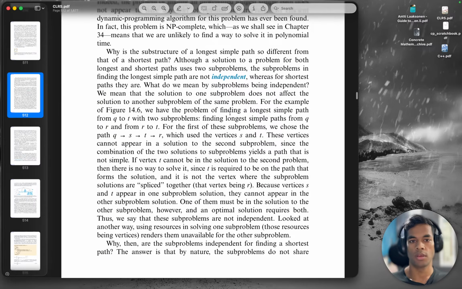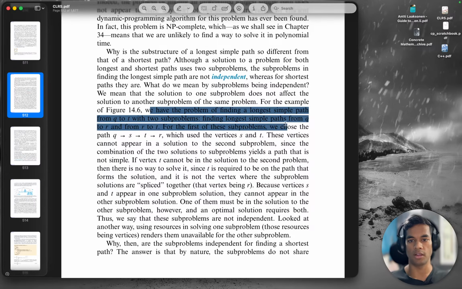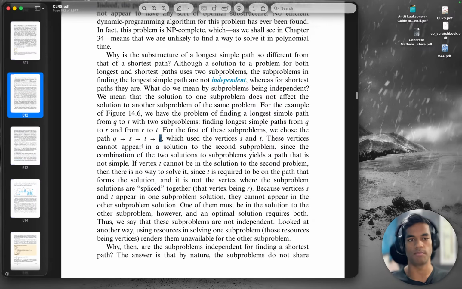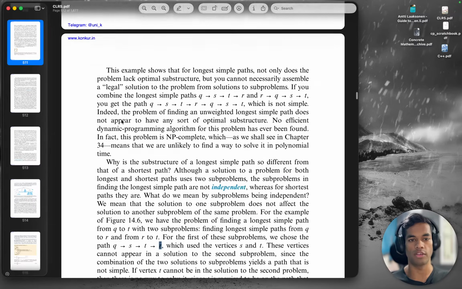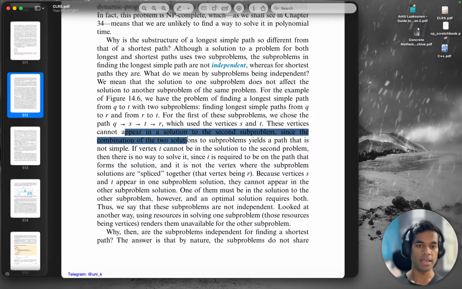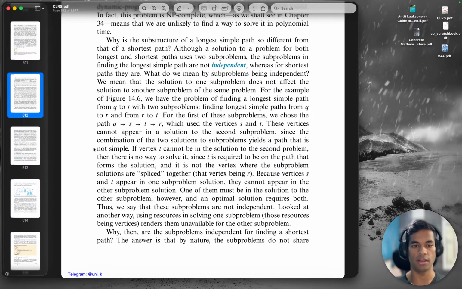That is true in this case. For example, in figure 14.6, we have the problem of finding a longest simple path from Q to T with two subproblems: finding longest simple paths from Q to R and then from R to T. For the first of these subproblems, we choose the longest path from Q to R, which is from Q to S to T to R, which used the vertices S and T. These vertices cannot appear in a solution to the second subproblem, since the combination of these two solutions to the subproblems yields a path that is not simple.